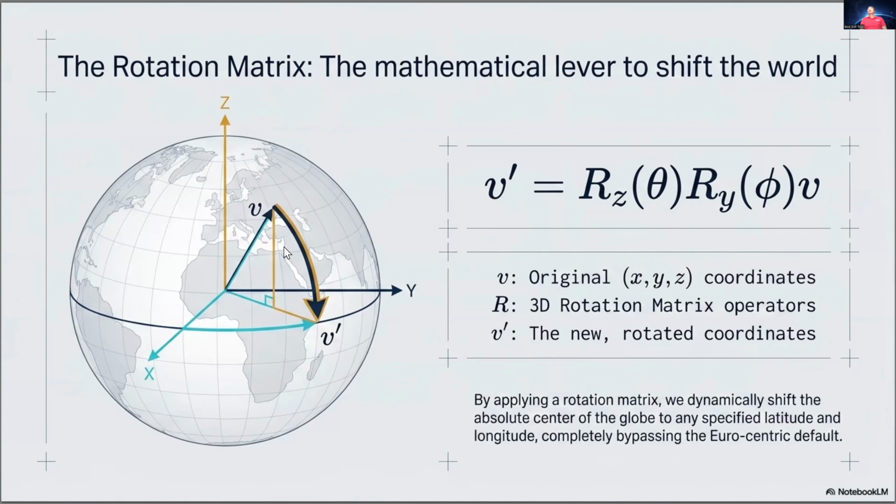Rotation matrix, the mathematical lever to shape the world. And this is a vector, I think so. And then radius, phi is Z, and theta is Y, omega, and the new vector. And then the original XYZ coordinate with the 3D rotation matrix operator.